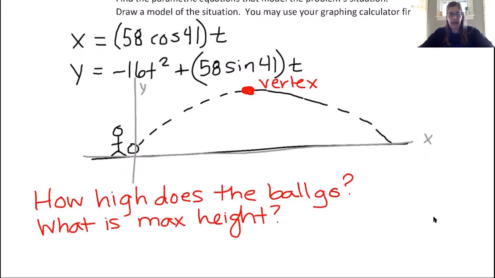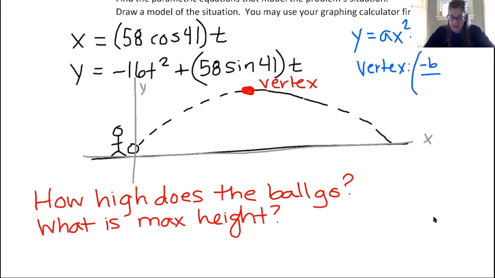Okay. And I wanted to do this one to remind you of a special tool that you had back in Algebra 2. In Algebra 2, if you wanted to find the vertex of a parabola in what we called standard form, ax squared plus bx plus c, then to find the vertex, to get the x coordinate, you would do the opposite of b over 2a.